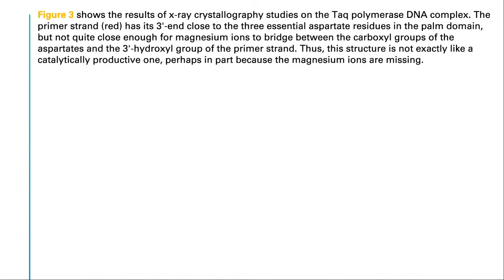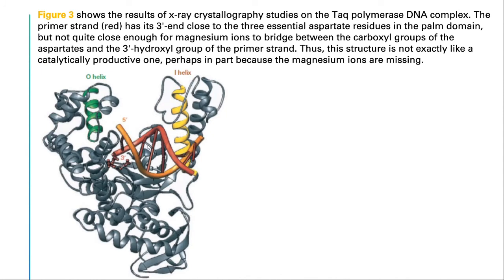Figure 3 shows the results of X-ray crystallography studies on the Taq polymerase-DNA complex. The primer strand has its 3' end close to the three essential aspartate residues in the palm domain.